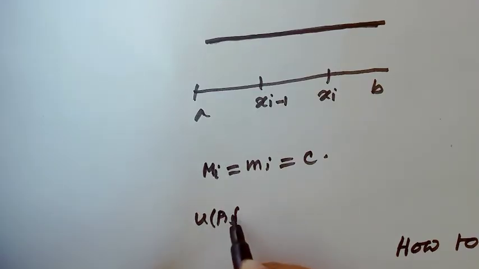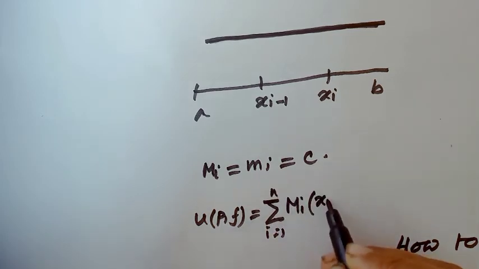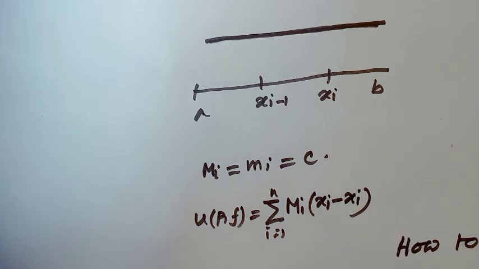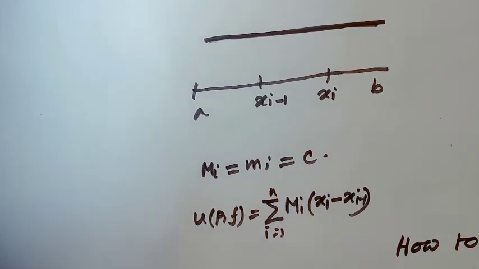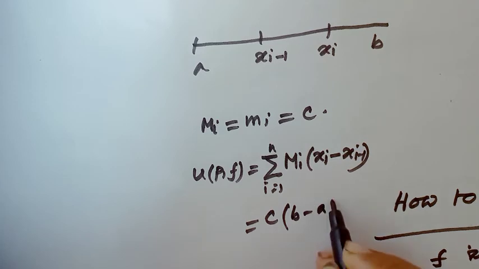U(P,f) would be the summation from i equal to 1 to n of Mi times (xi minus x(i-1)), and this value would be c times (b minus a).